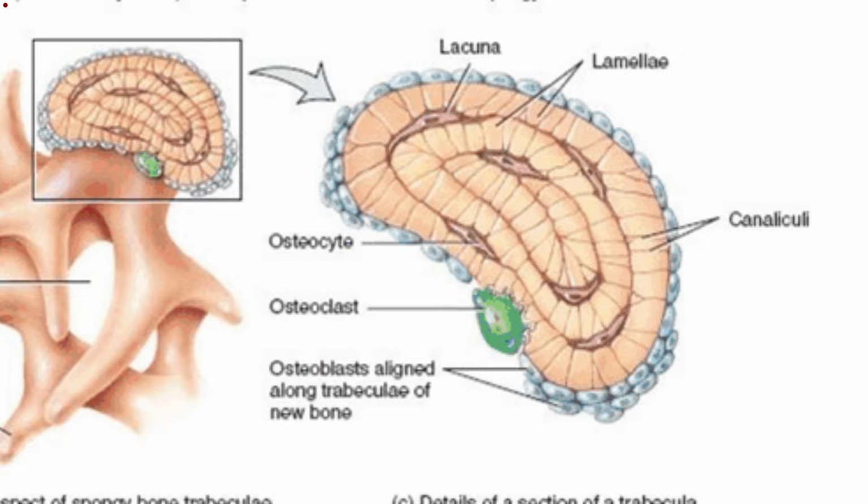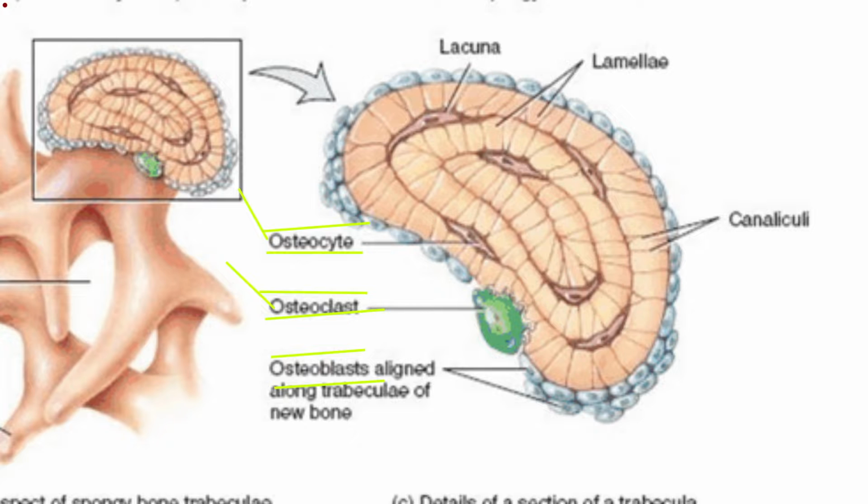Now we have some other cells associated with bones. So we have osteoclasts, osteoblasts, and osteocytes. Okay, I need you to write some notes down here. Osteocytes maintain bone.